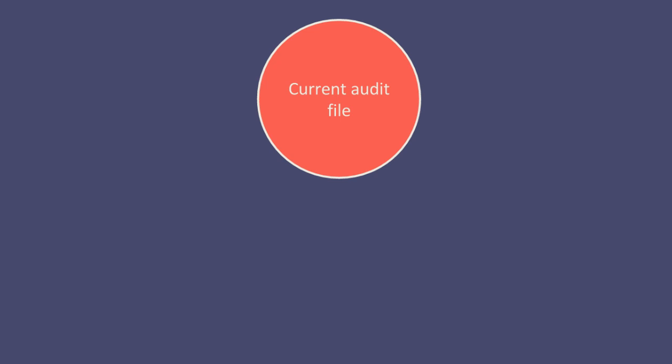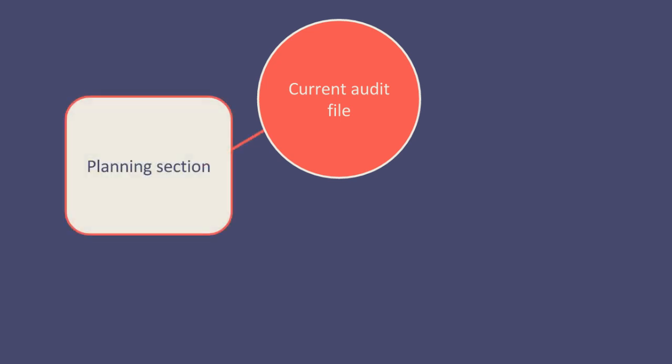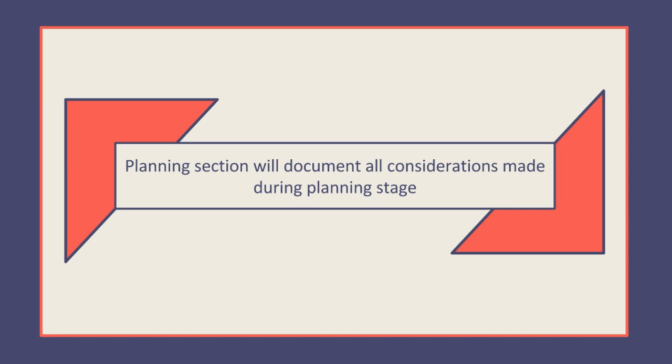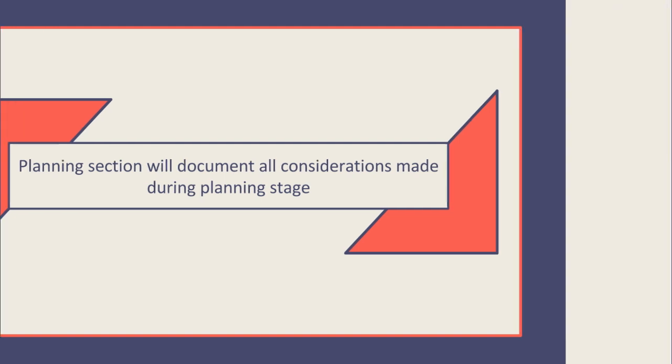The current audit file has 3 main sections: the planning section, audit performance, and completion. The planning section will document all of the considerations made during the planning stage and clearly show the direction the audit should take.